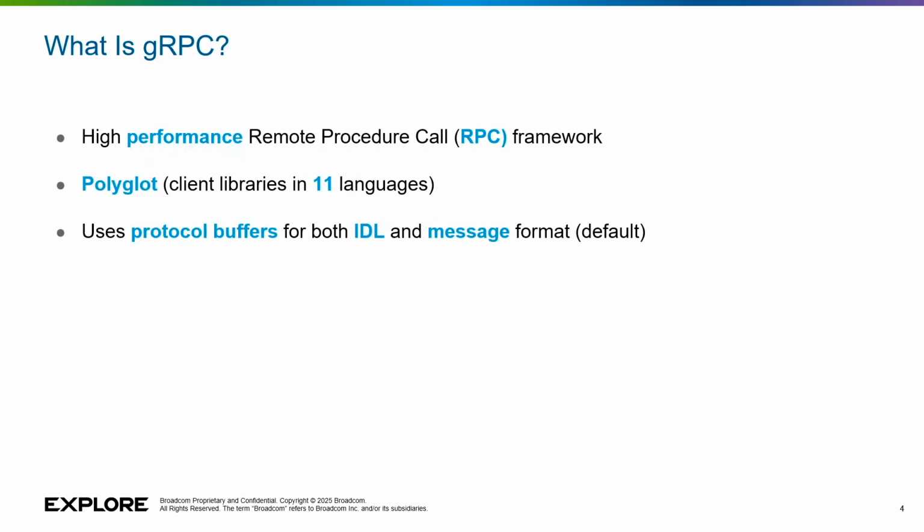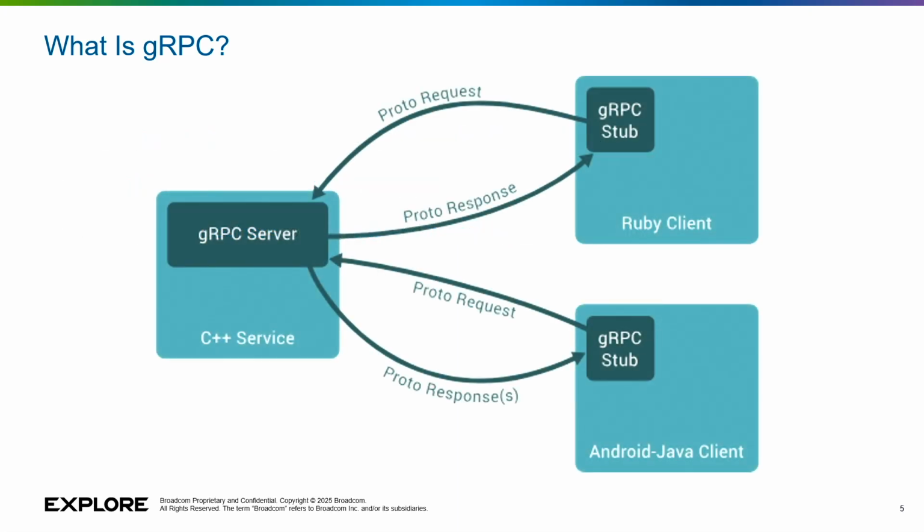So what is gRPC? It is a high-performance polyglot RPC framework, and it is interesting. We use protocol buffers to define both its IDL and the message format. A typical layout will look like this, where you have, first off, a gRPC server, and with the server, there would be bindable services or services registered with it.